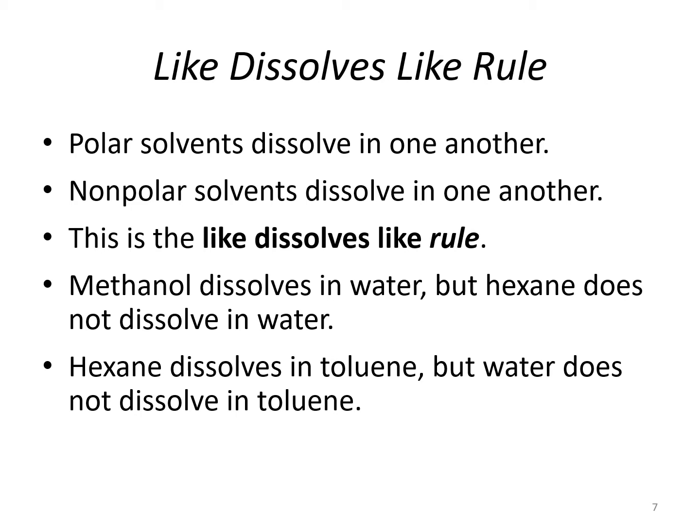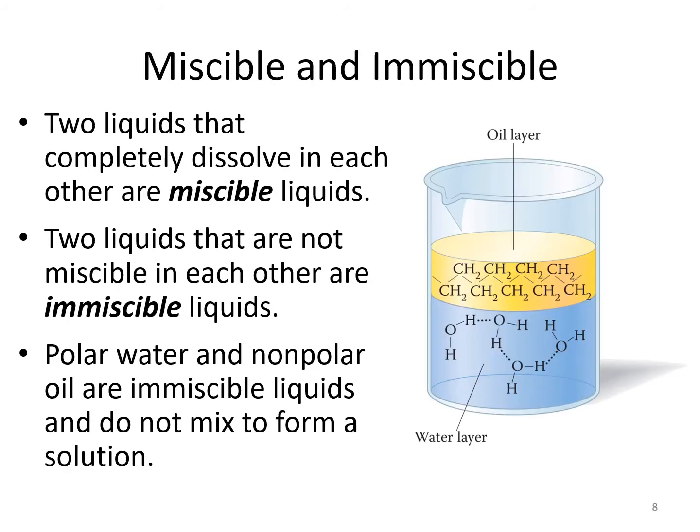So just reiterating here, like dissolves like. Polar liquids dissolve in polar things, non-polar liquids dissolve in non-polar things, but they don't dissolve in each other. So here are those two words again, miscible and immiscible. So here's our example of salad dressing.